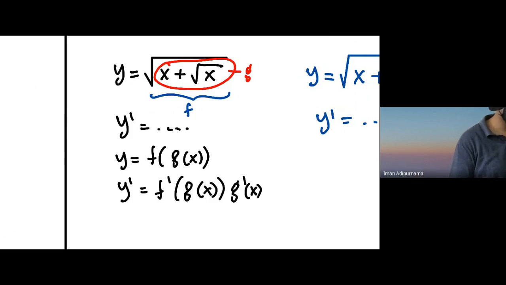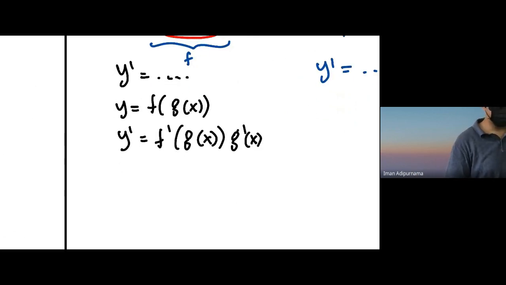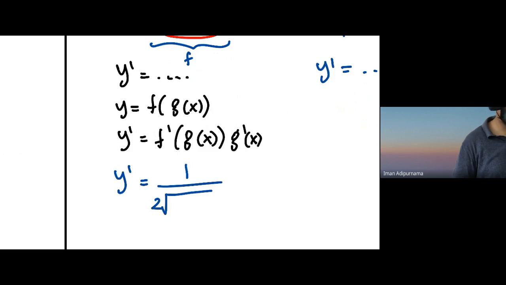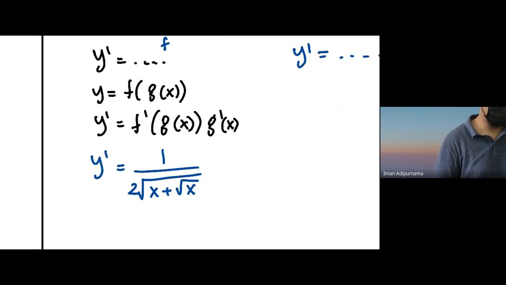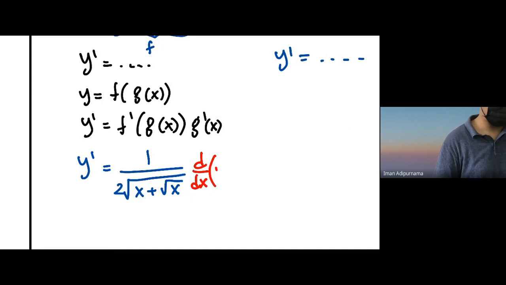Okay. And then we can start to work on f prime, which is 1 over 2 square root of x plus square root of x, right? And then maybe write here d dx of x plus square root of x. Okay.